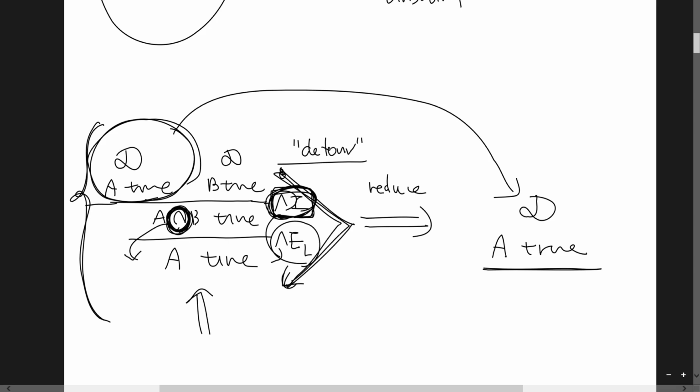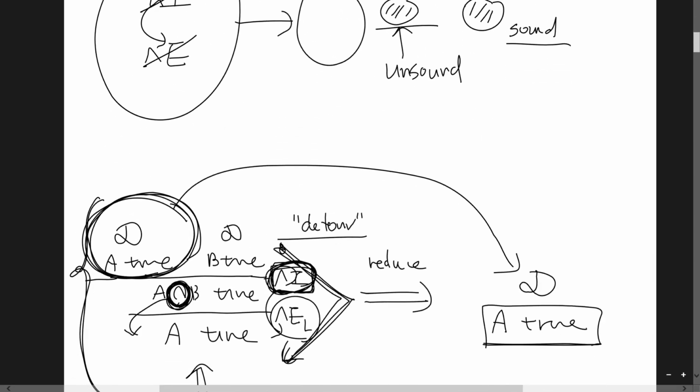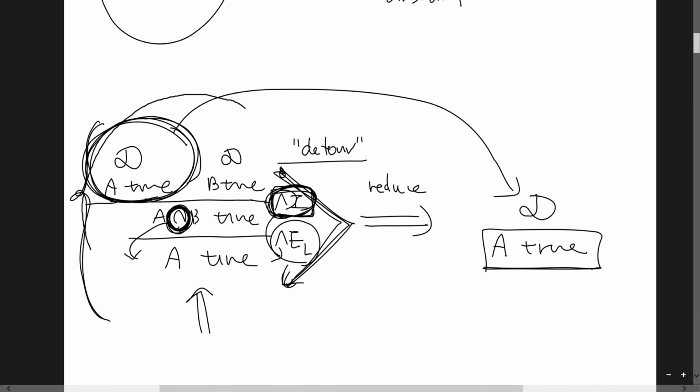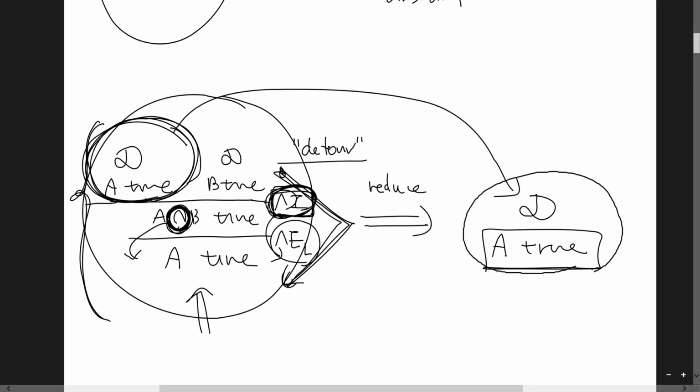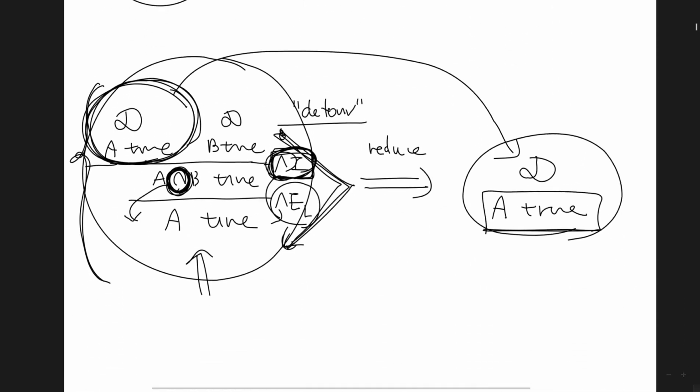Instead, we could just take this direct path to prove A true. Why is it that showing a derivation tree of this form is reducible to a more direct proof is sufficient to show the local soundness property?